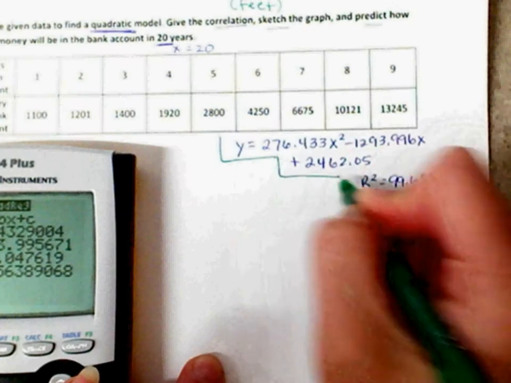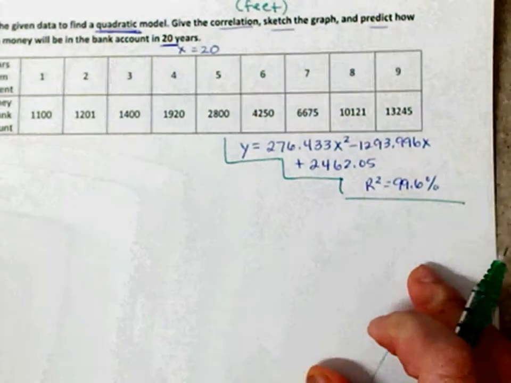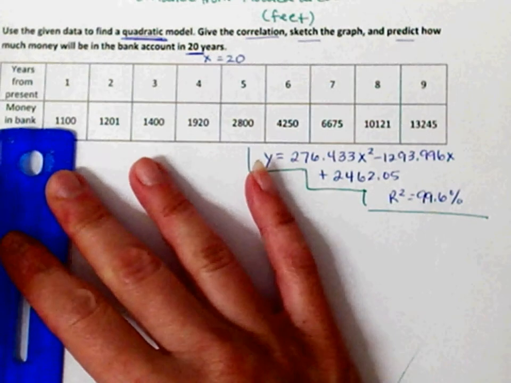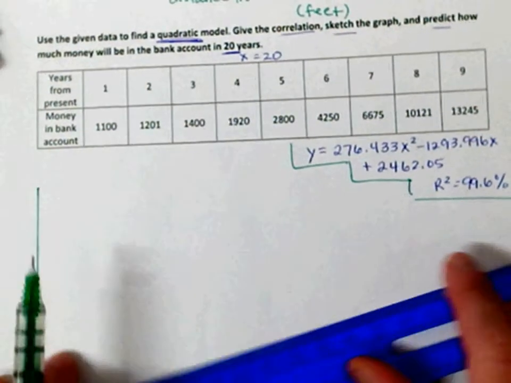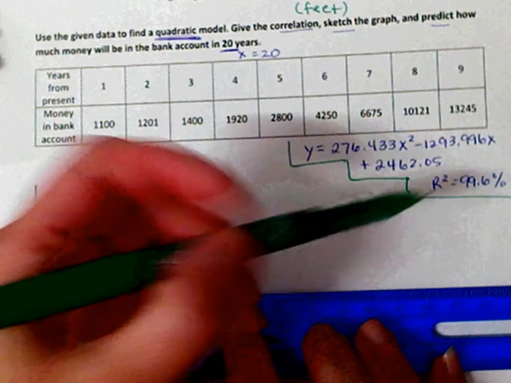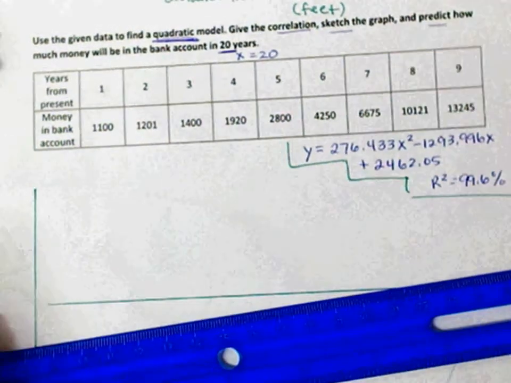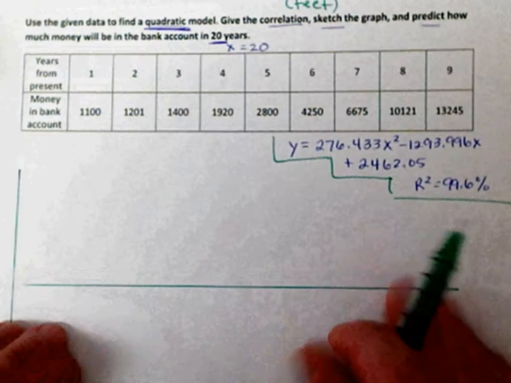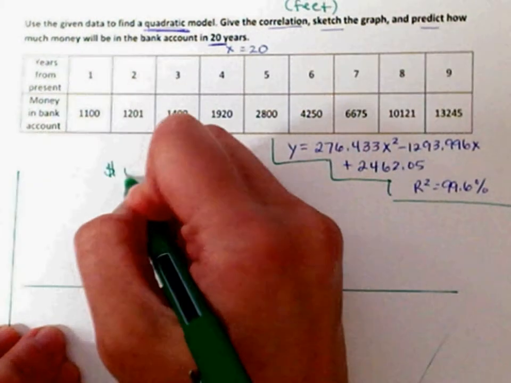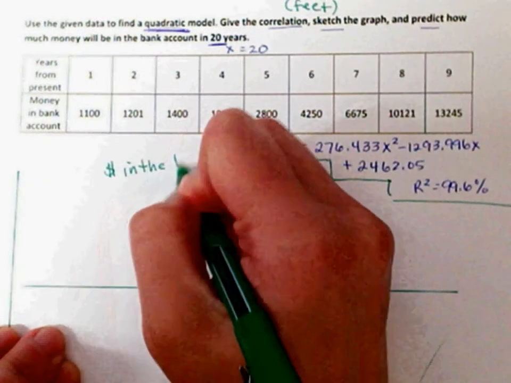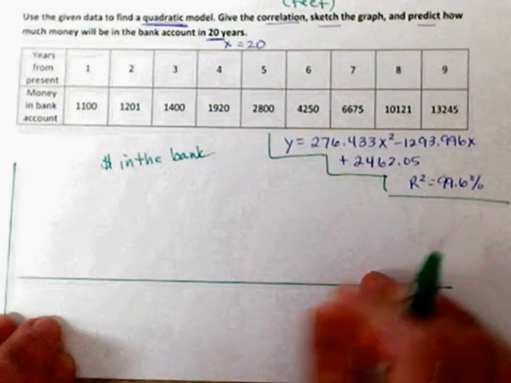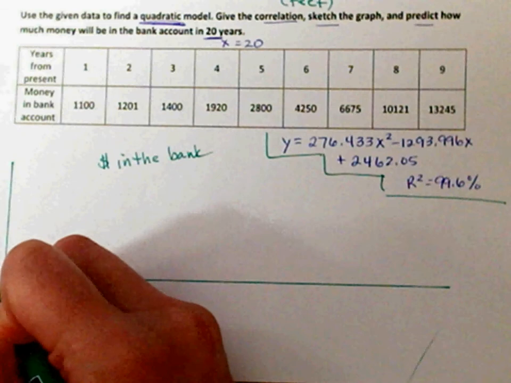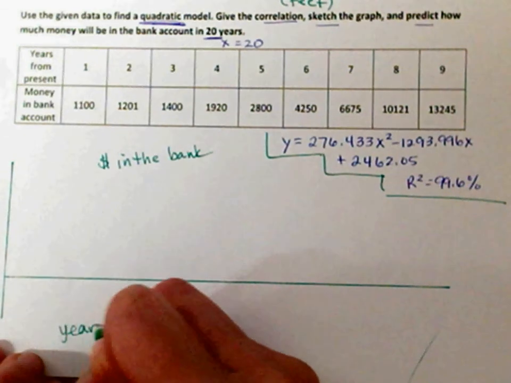Now, let's make a sketch of the graph, just like we did before. There's your x, there's your y. Let's go ahead and give it a title. I'm going to call it Money in the Bank. Always give it a title so you know what it's about. For the x axis, I'm going to put years from present.